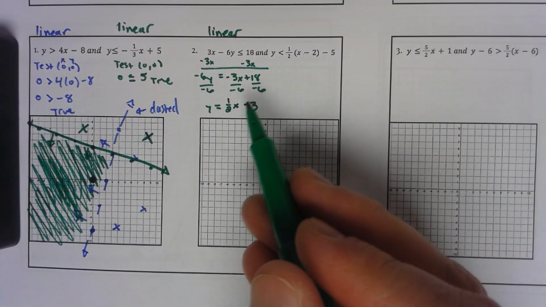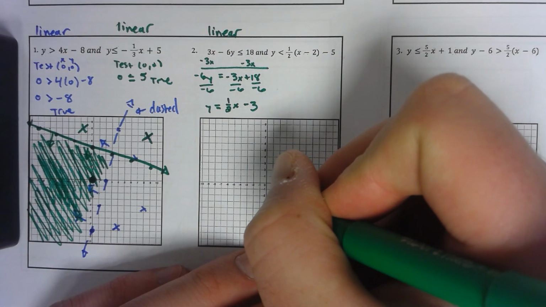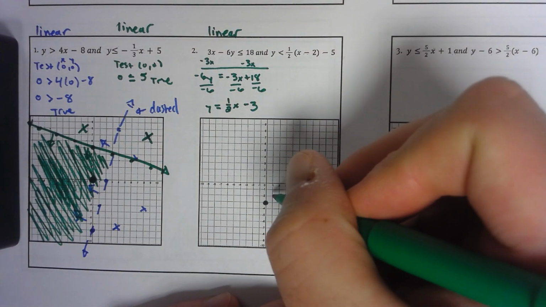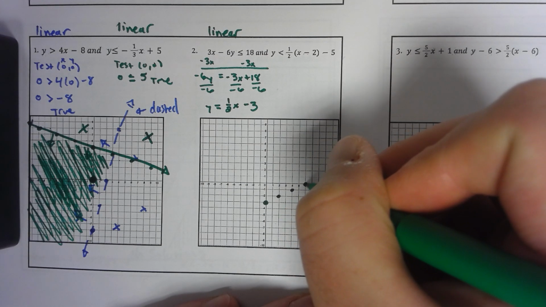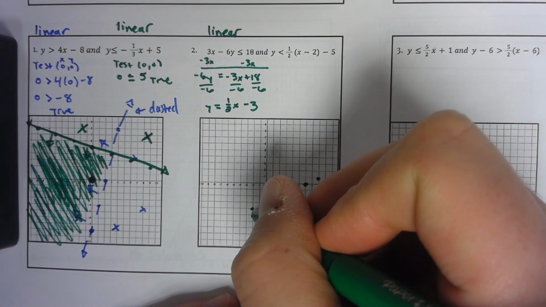All right, so I'm going to graph this line where the y-intercept is at negative 3. I've got a slope of 1/2, which tells me to go up 1 and right 2. Could also go down 1 and left 2.